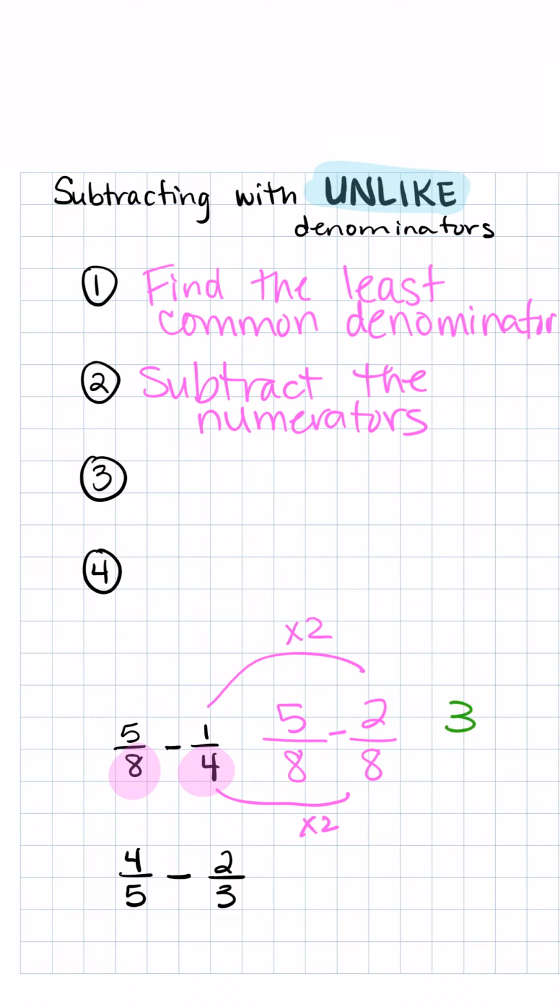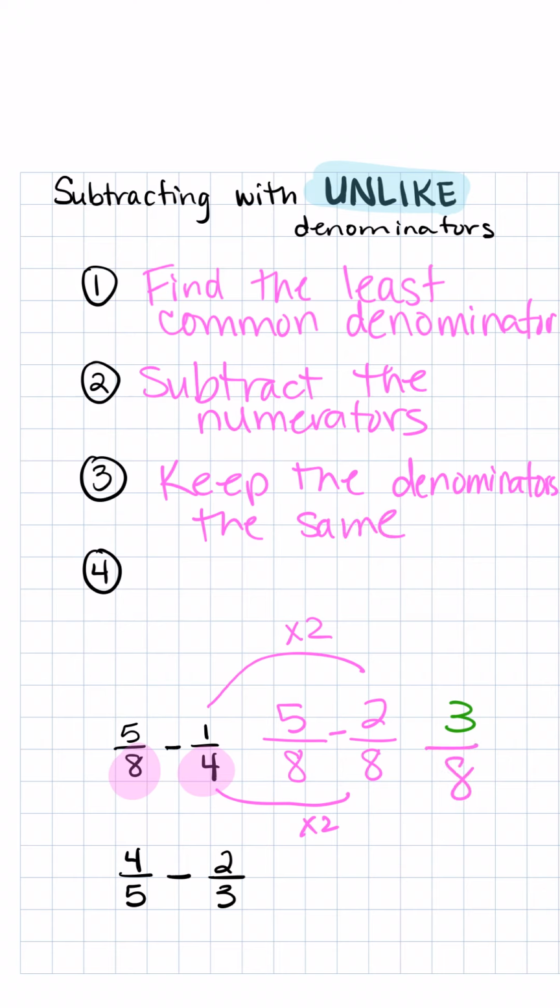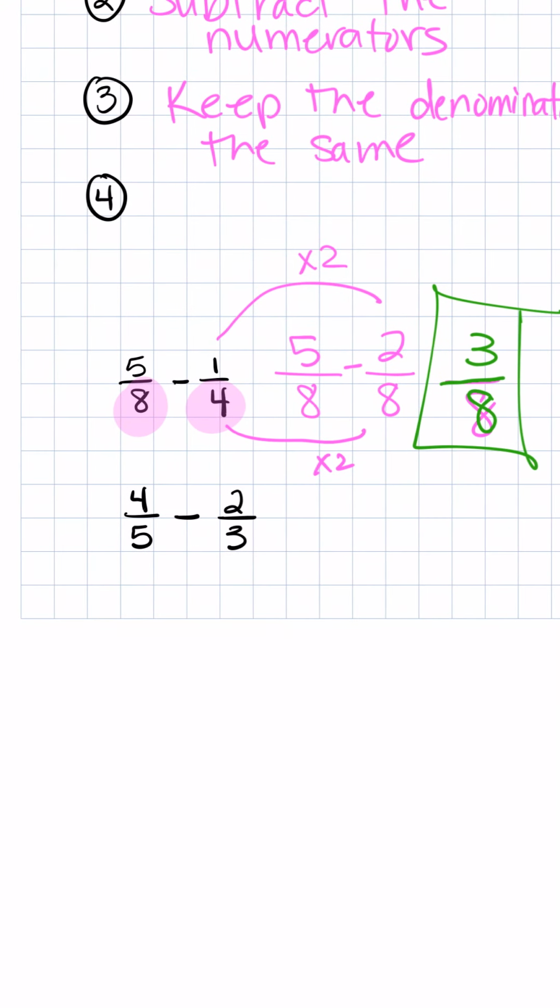Our next one, keep the denominator the same. So that's going to be over 8. That cannot be simplified. That's as low as it goes, so our answer is 3/8.